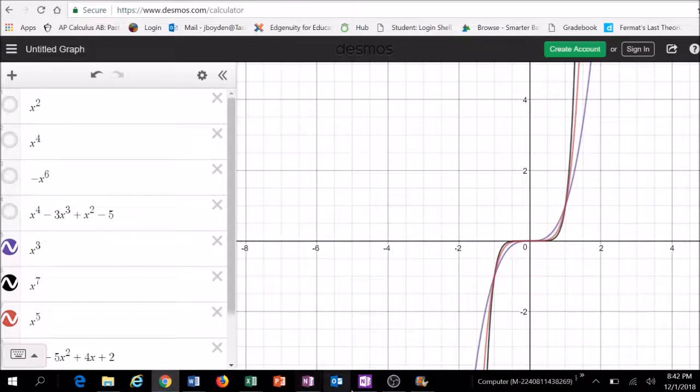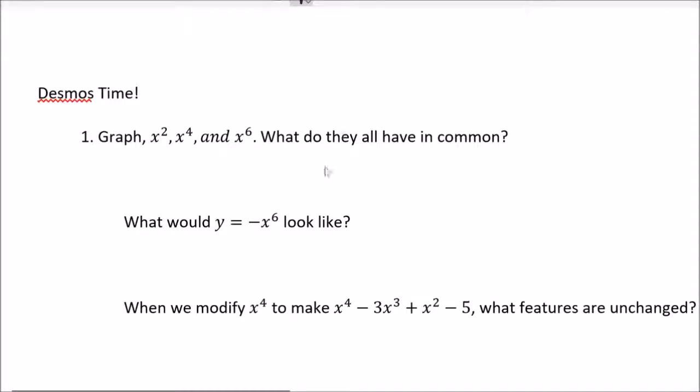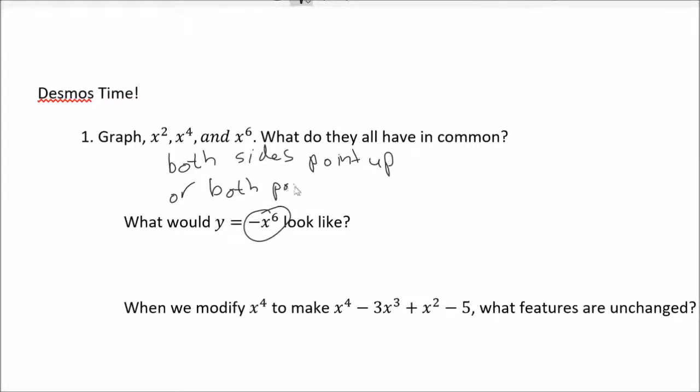Okay, so I'm going to go back and record those key features for myself. What do they all have in common? So I'm going to put both sides pointing up. Or, in the case of this one, both point down.